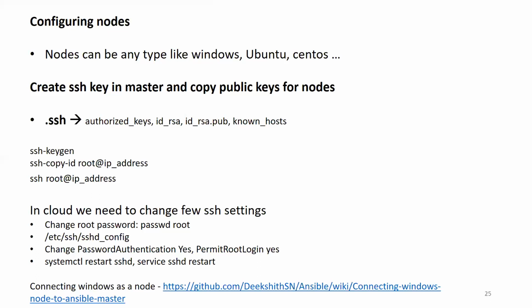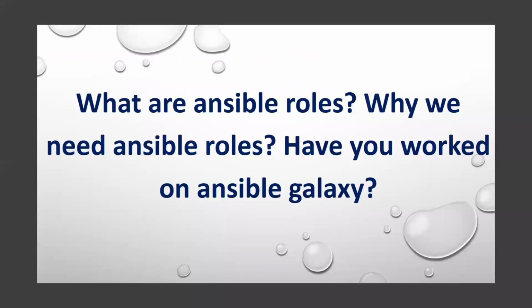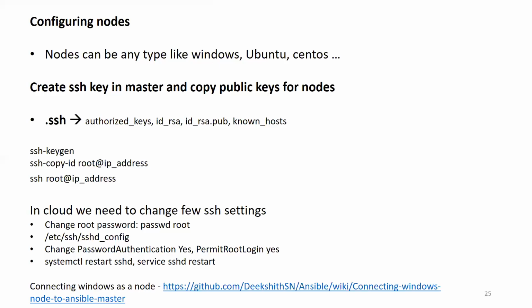If you have your own machines, like Vagrant or that kind of environment, you don't need to do these changes. In my case, I'm using Google Cloud. If I don't do these steps, I won't be able to connect easily. So these are all the configurations you need to do. You need to install only Ansible on the master.